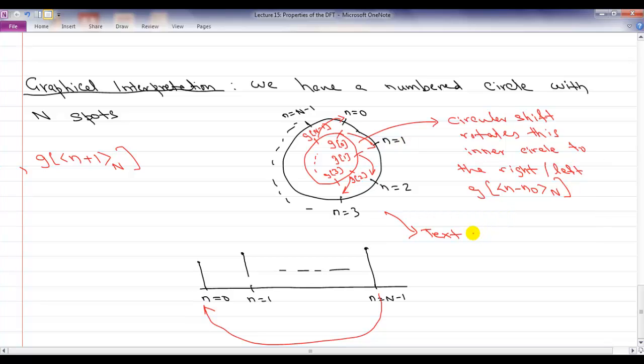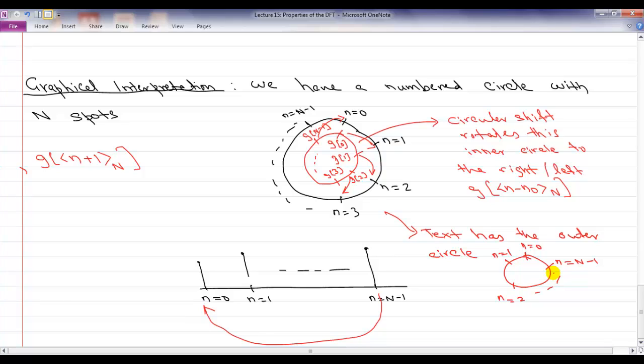So your text has the outer circle in this form. It has n equal to 0 and then n equal to 1, n equal to 2, and it goes up to n equal to n minus 1. But if you are doing circular shifting by, let's say, 1, then if you follow the text example, you have to rotate the inner dial counterclockwise.